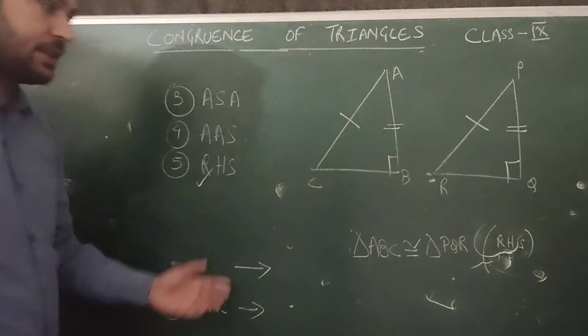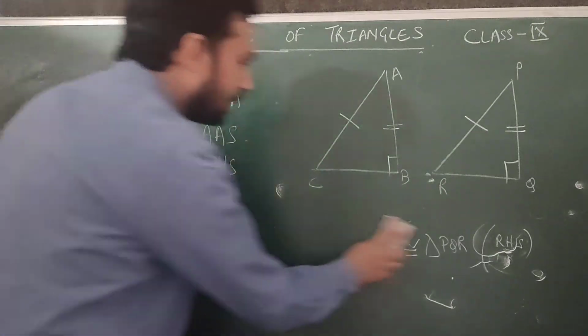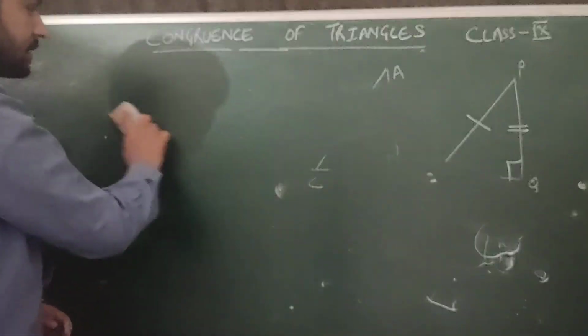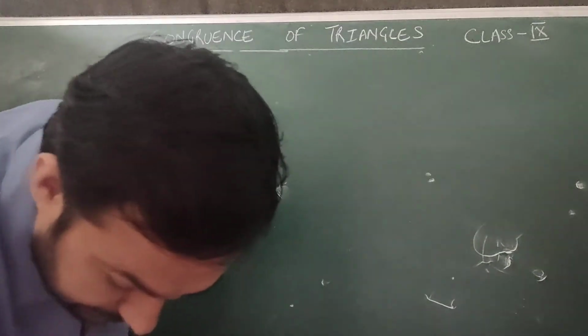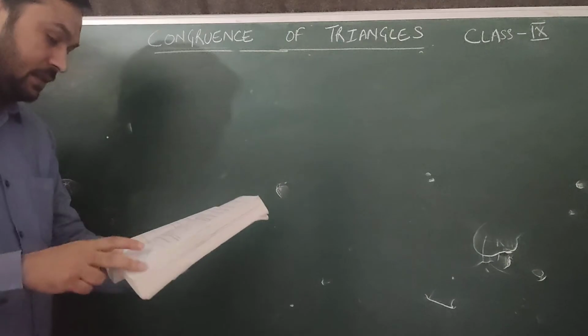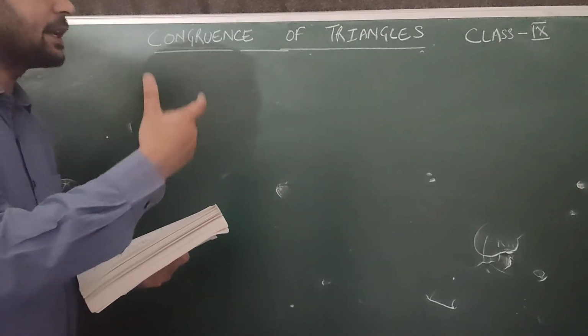RHS criteria. So let's take one sum, and I think it will help you. Let's see one sum. Maybe that will help you. Let's take one sum. So basically congruent means when can we say the two figures are exactly same.